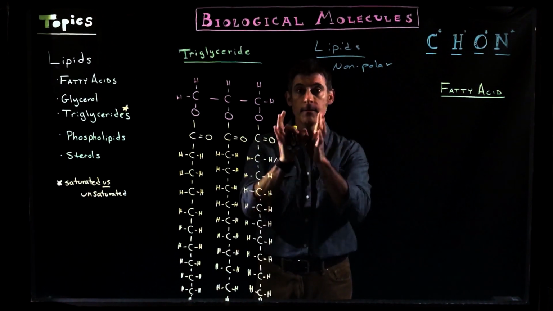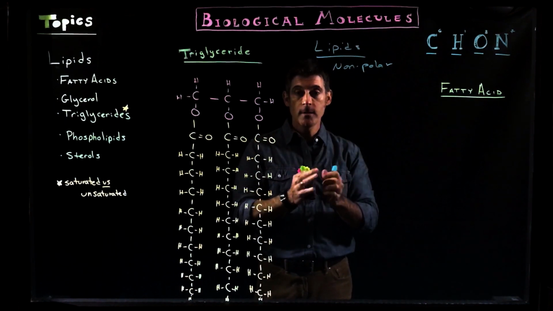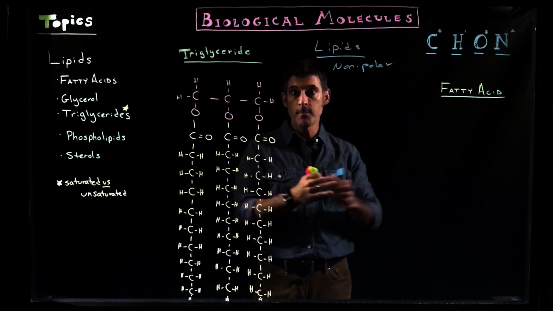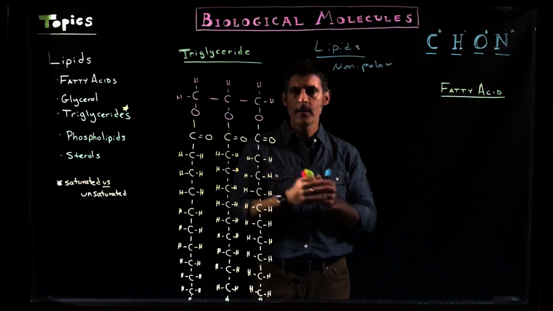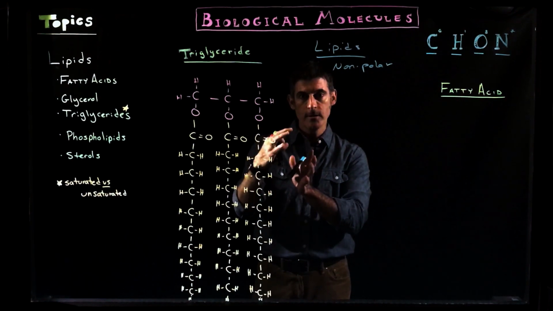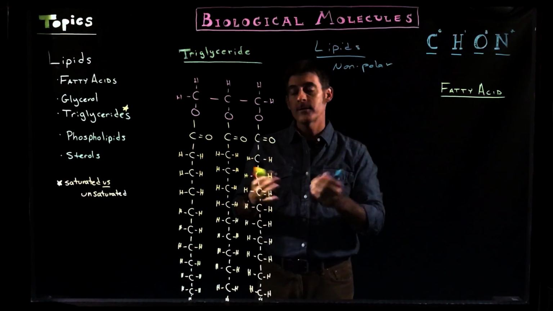So in carbohydrates, you'll have simple sugars, and they'll form long chains of sugars. In proteins, you'll have amino acids, and then they'll form long chains into the complex polypeptides in proteins. DNA and RNA as well. They have a nucleotide that's a repeatable unit that then gets attached into long chains as well. But there's no such thing in lipids.